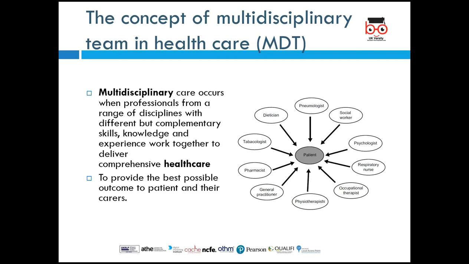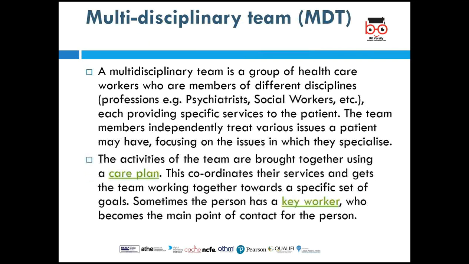So the concept of multidisciplinary working, even though it's new, is a bit complex and involves a lot of professionals. And the aim of it is to provide the best possible outcome to patients and their carers.